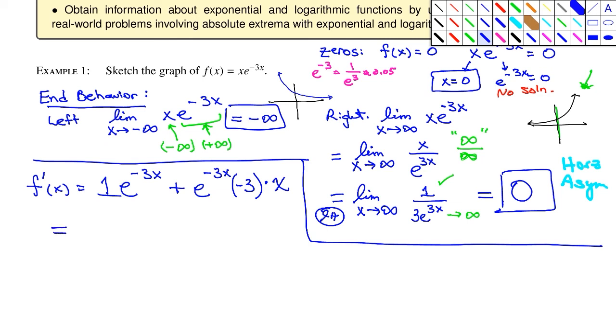I'm going to factor out e to the negative 3x, and that's going to be 1 minus 3x. And that's equal to 0.